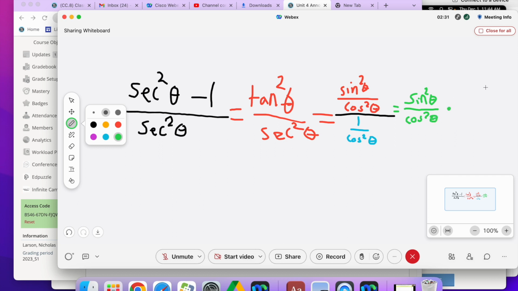And then I'm going to flip my numerator and my denominator of my second term, which leaves me, after everything cancels out, sine squared theta over 1, which means our answer is sine squared theta.